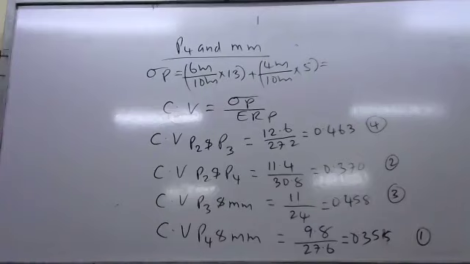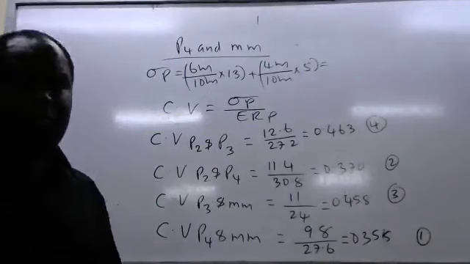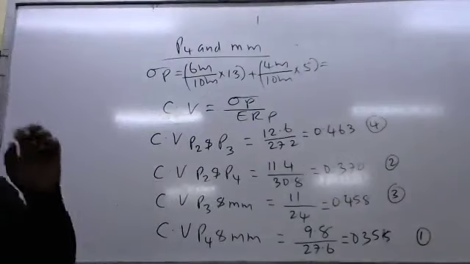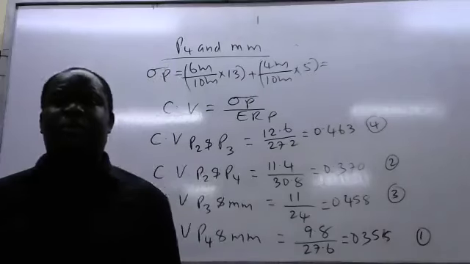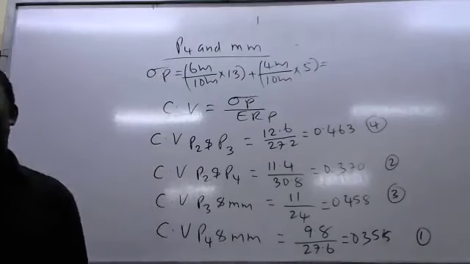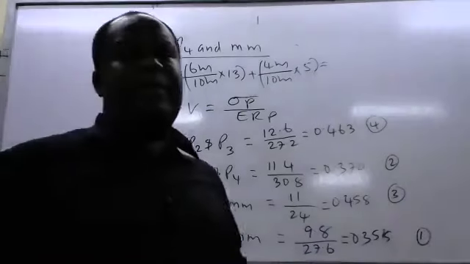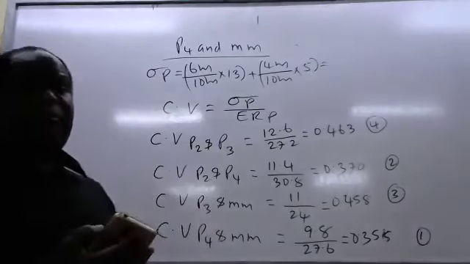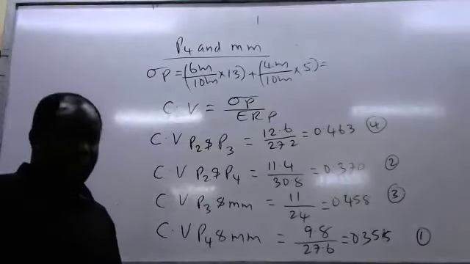So we now pick the one with the lowest. We finally pick the one with the lowest. So now we can make a conclusion that the best project combination is where the coefficient of variation is minimum.